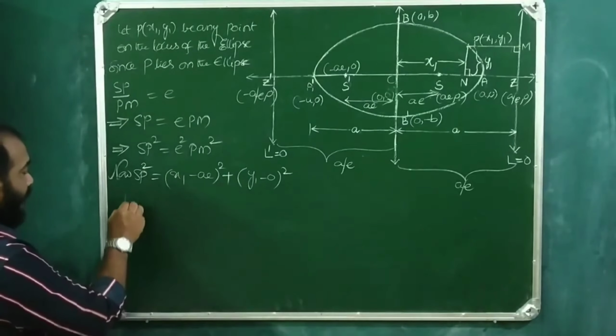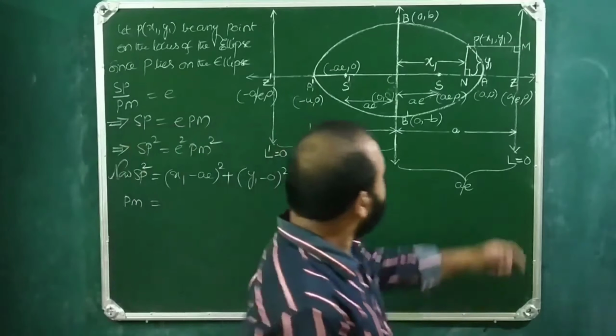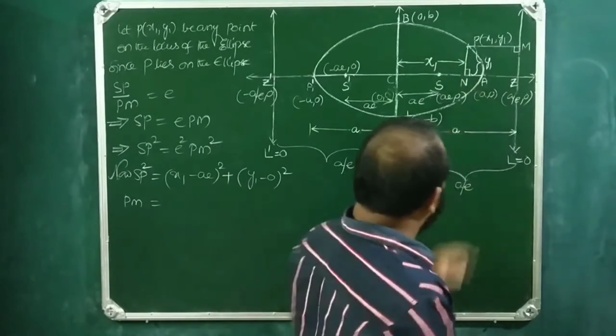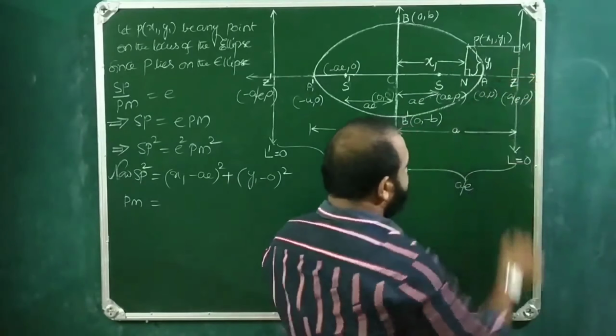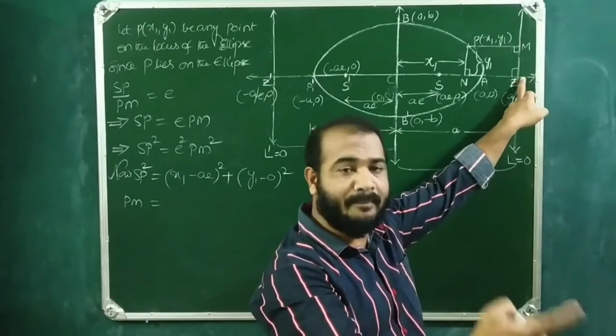So now PM. What is PM here? PM is equal to NZ, because here PMZN is a rectangle. Why? Because this is perpendicular, this is 90 degrees and this is 90 degrees. Z is the projection or perpendicular of S on the directrix L equals 0.